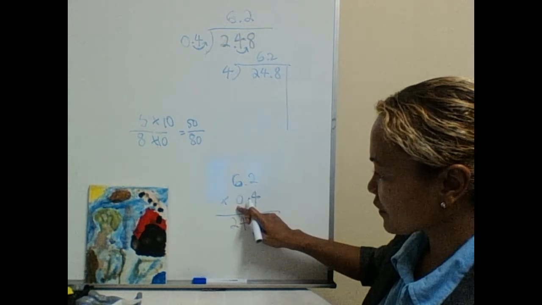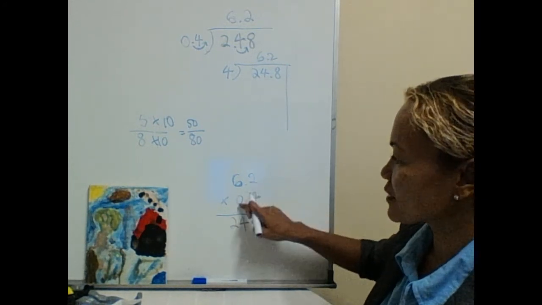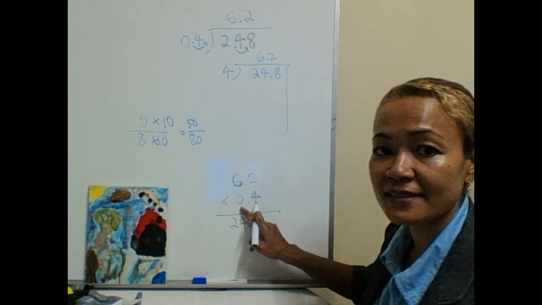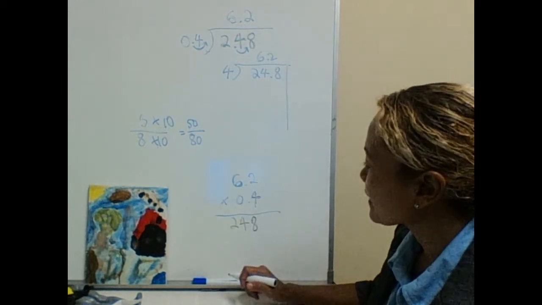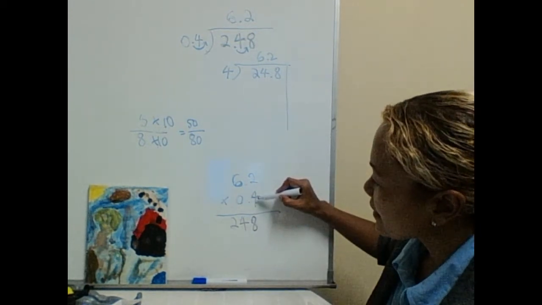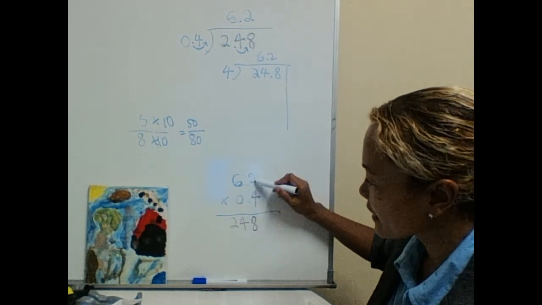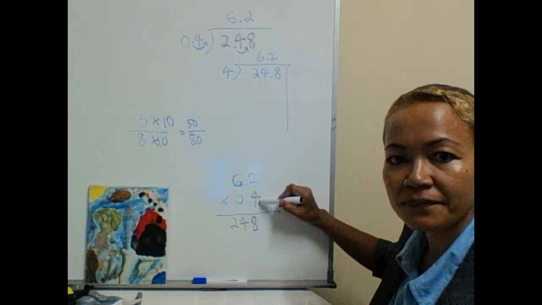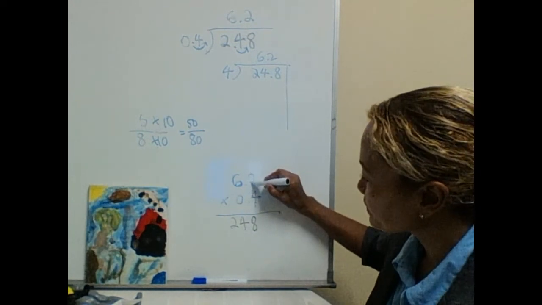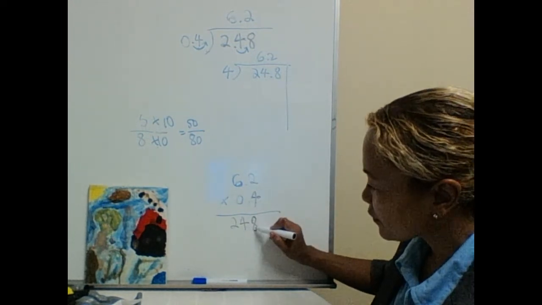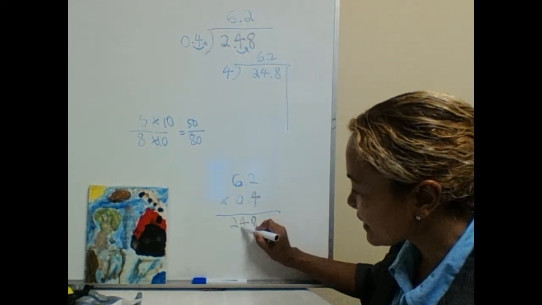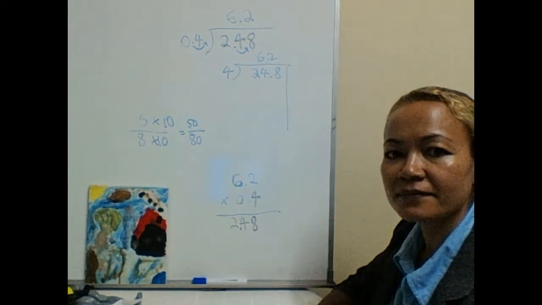And then of course we don't need to do the 0 times 2, 0 times 6 because everything is 0. So it doesn't matter. Now how many numbers do you have after the decimal place? You've got 1 here and you got 1 here. So that's 2. Right? So you count 2 numbers here and then you put the decimal point.